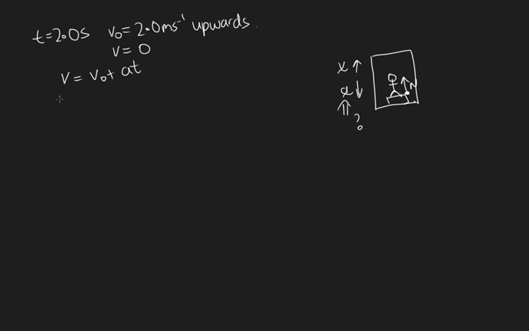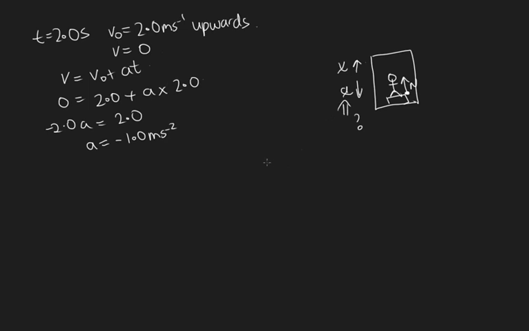So v is 0, v0 is 2, a is what we're trying to find, and t is 2. So we've got that 2a is equal to 2, and we've lost a negative. When we move this over to this side, we get a negative. So the acceleration is equal to 2 divided by minus 2, which is minus 1.0 meters per second per second.